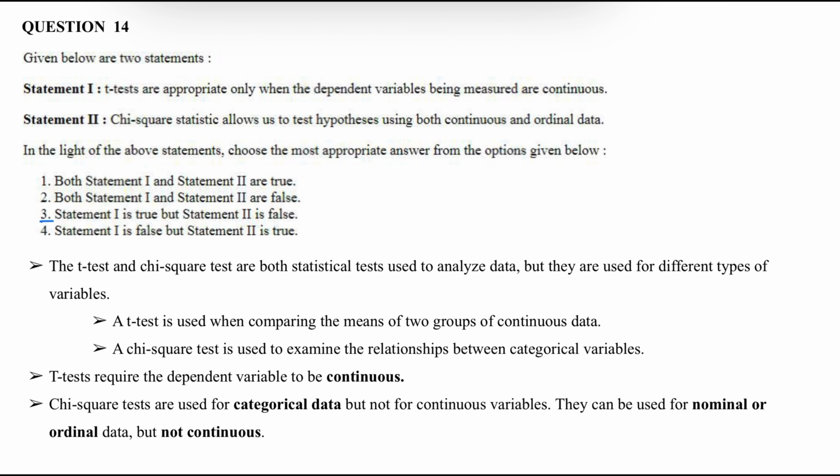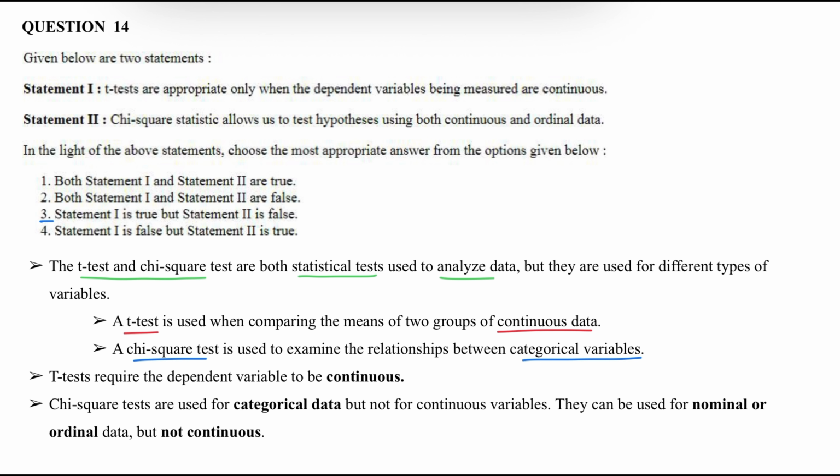So the question is related to the t-test and chi-square test. Both are statistical tests used to analyze data, but they are used for different types of variables. The t-test is used when comparing means of two groups of continuous data, whereas the chi-square test is used to examine the relationship between categorical variables.